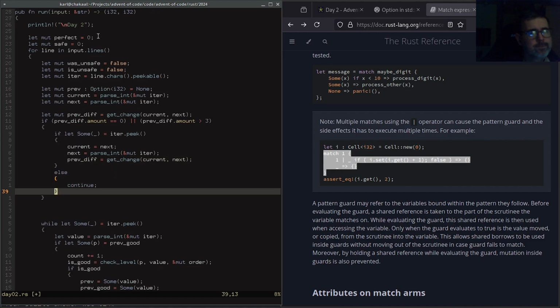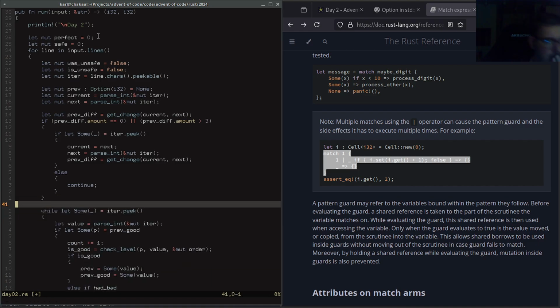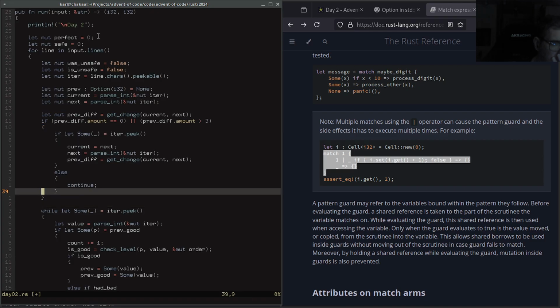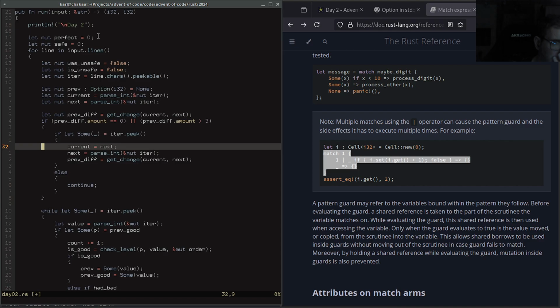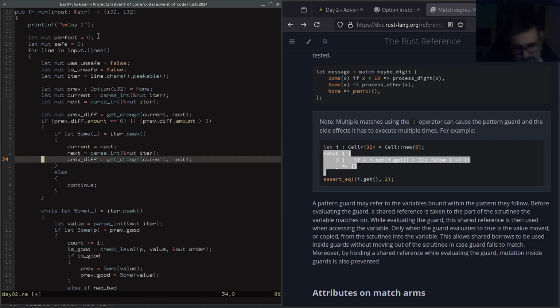So let's see here. And in fact, let's make this another helper function.